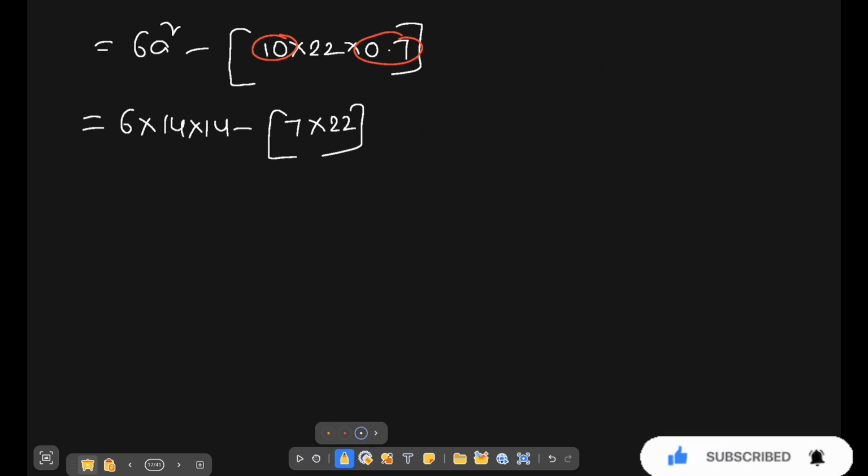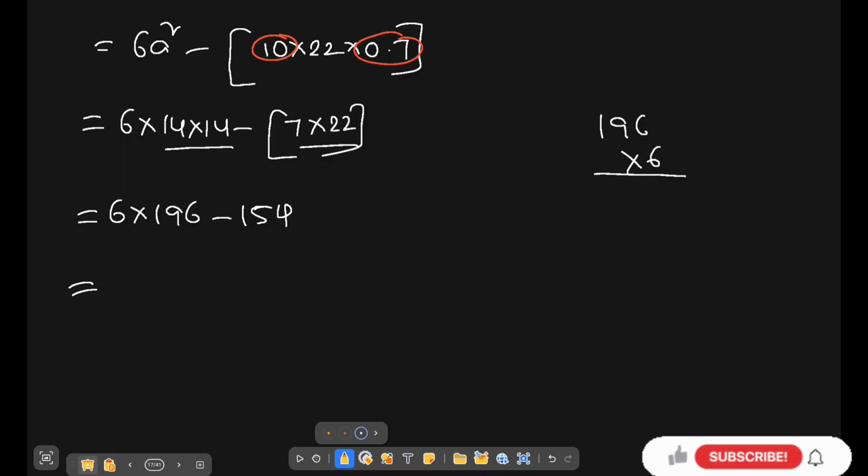Now here, 6 into 14 into 14, 196 into 6 is 1176, minus 7 into 22, which is 154.